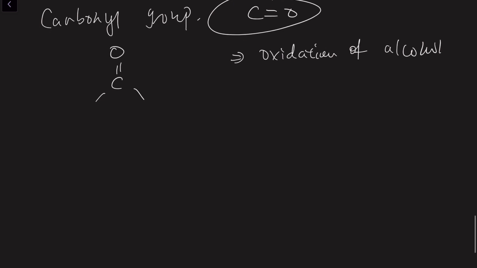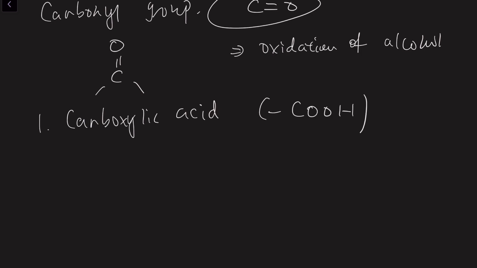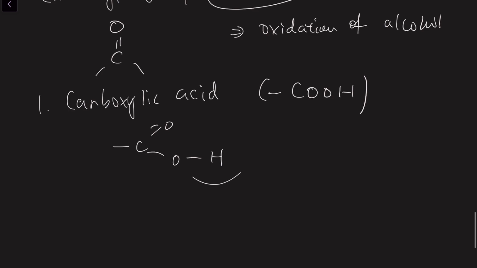So the first thing we want to discuss is the carboxylic acid. So it's the COOH group. It looks something like this. It is an acid because this hydrogen can go away.